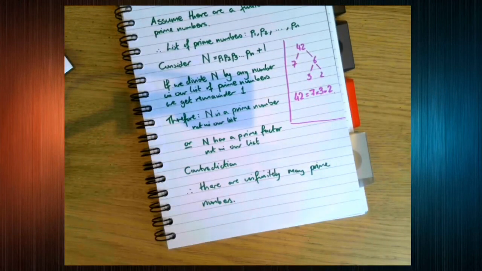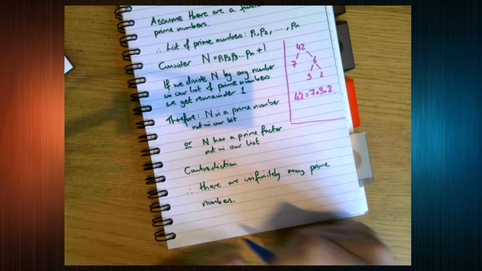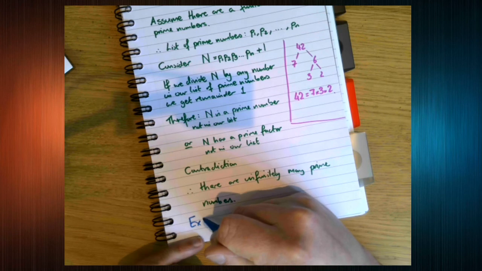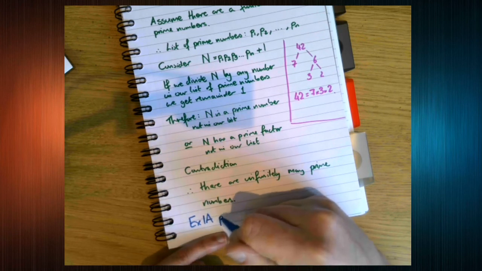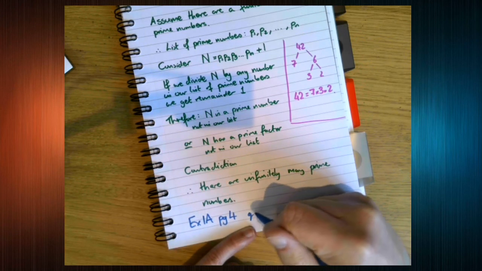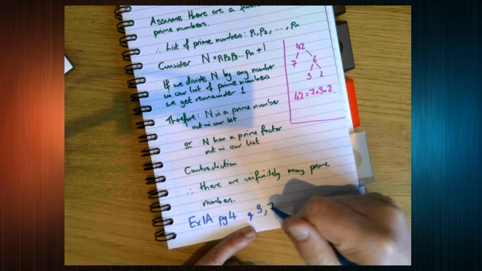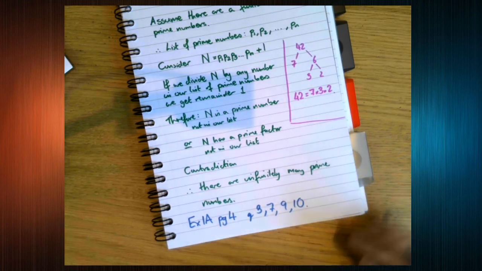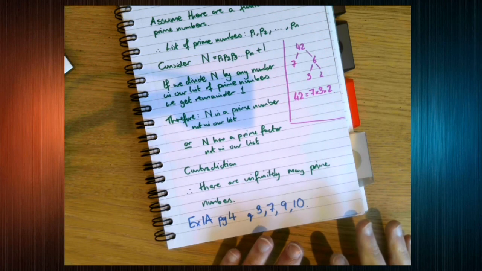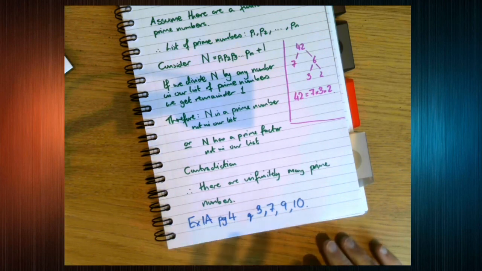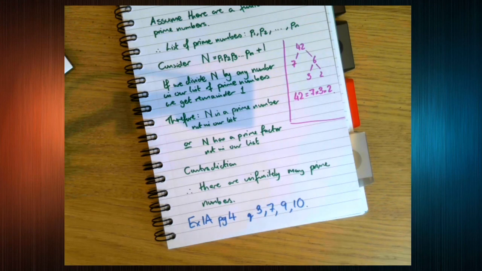Now, proof by contradiction, I'm going to get you to do a little bit of practice, looking at exercise 1A, which is on page 4, questions 3, 7, 9, and 10. Take your time with this. It is confusing. But if you can get your head around it, this is a very, very powerful method of proof.